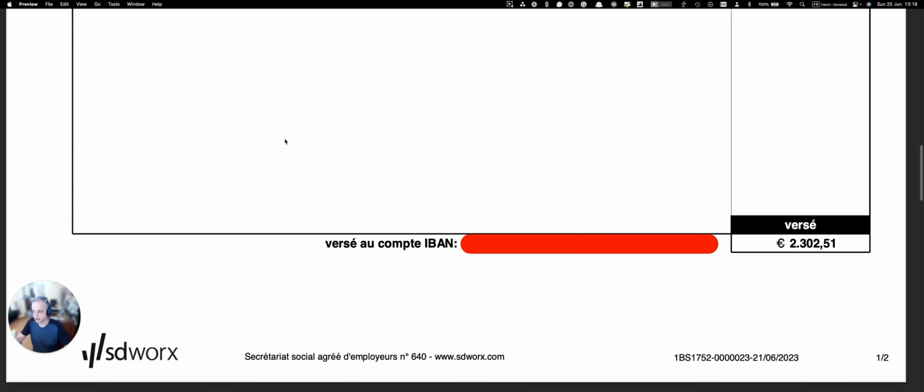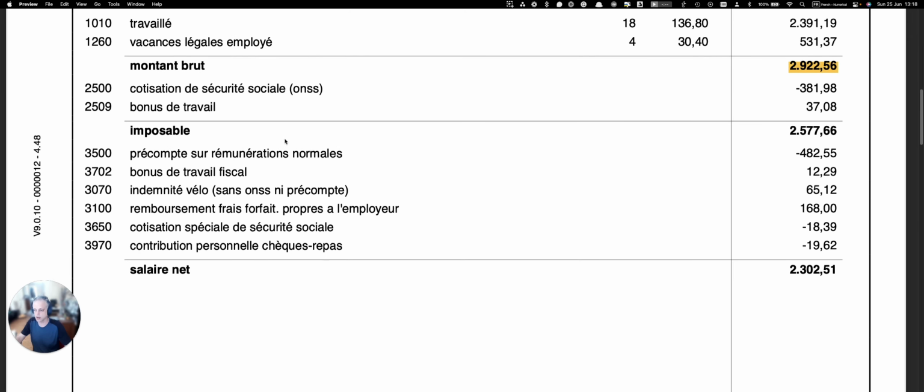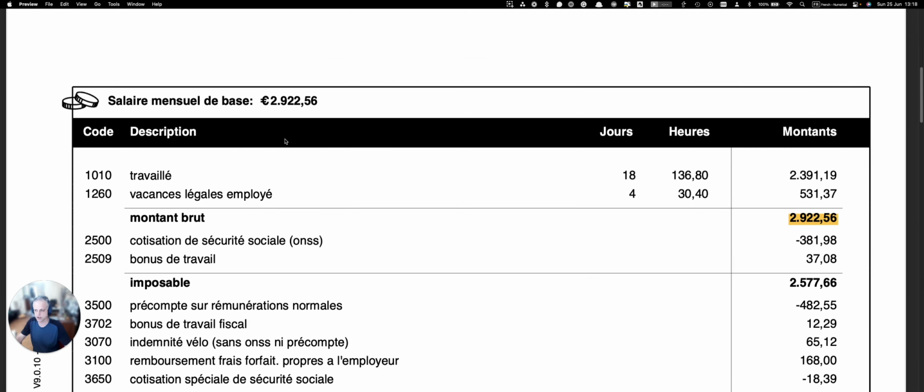The last thing I want to stress, because it's not always obvious for people that are not really used to all of this: the cost for your employer of hiring you and getting you to work, what we call the staff cost, is a lot higher than the gross salary. But this part of the calculation, which is the employer side, you don't see on the payslip.